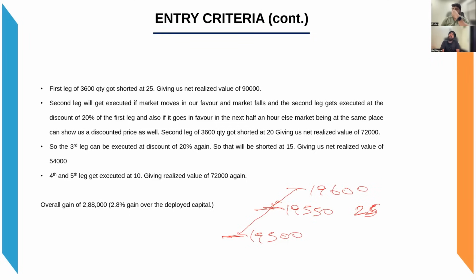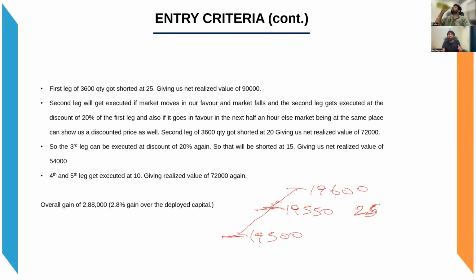If the market stays sideways for long, the chances of it hitting 19,500 are also higher, because the market did not create a movement the whole day, and in the second half it can create more. So these entries will also be time based. If it comes within half an hour only, then we are going to take the entry, else we are not going to take the entry.